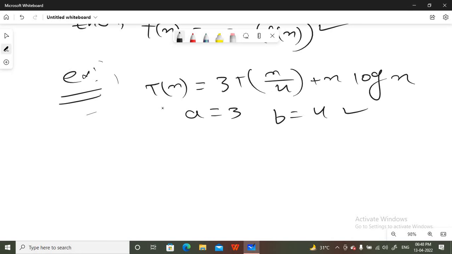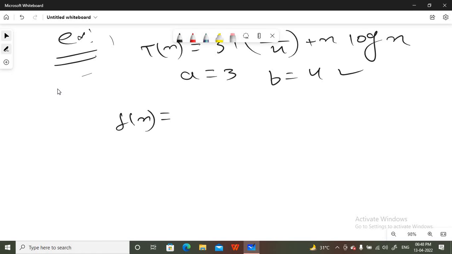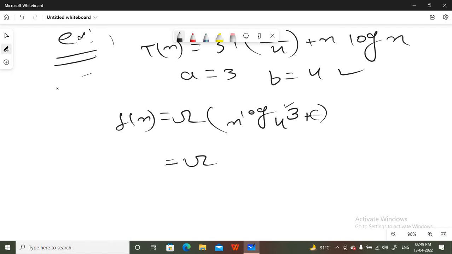Now what about f(n)? So f(n) equals omega of n to the power log of base 4 of 3 plus epsilon. First calculate log of 4 3. After calculation we get 0.793.